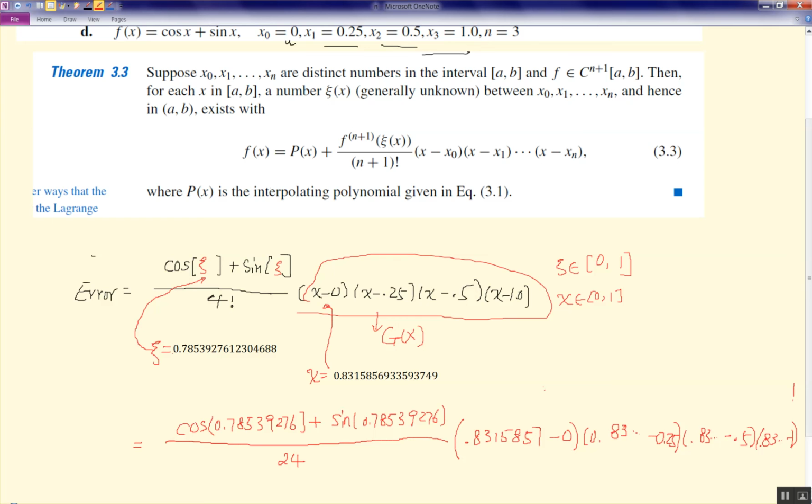And don't forget the absolute value at the end. We are looking for the absolute value.